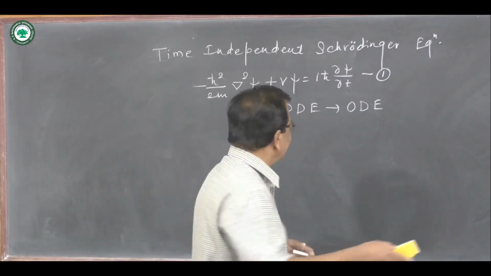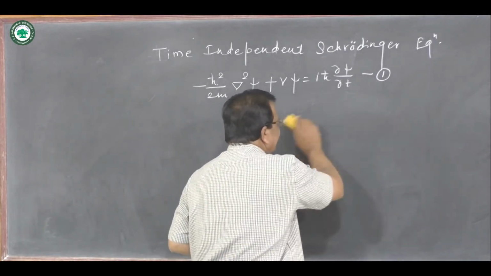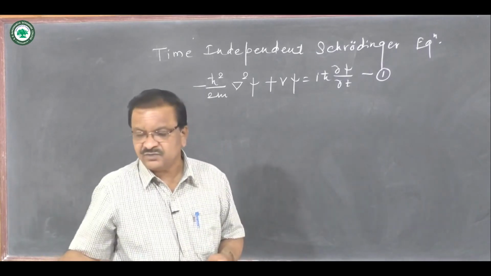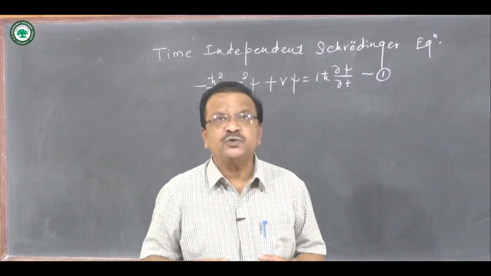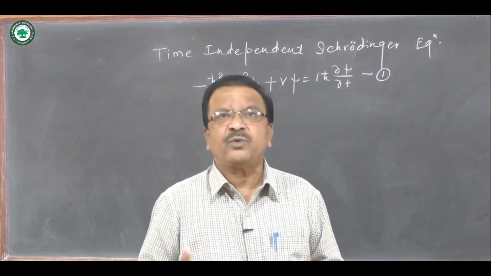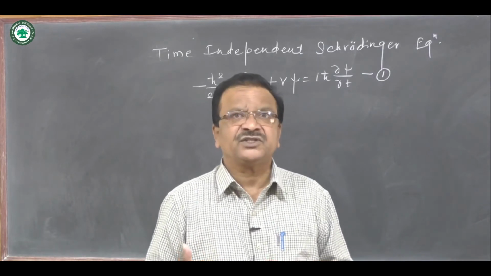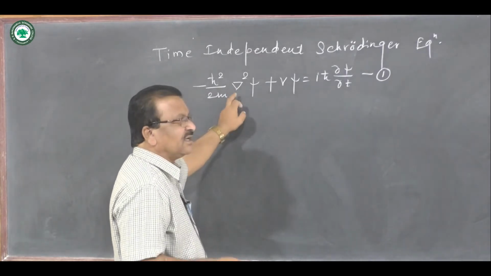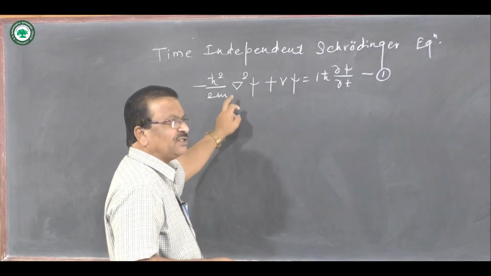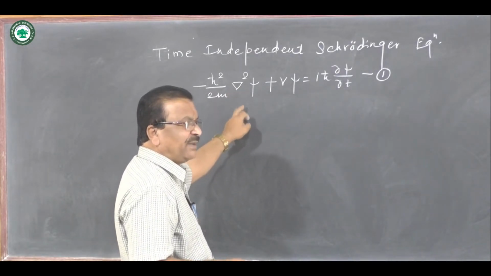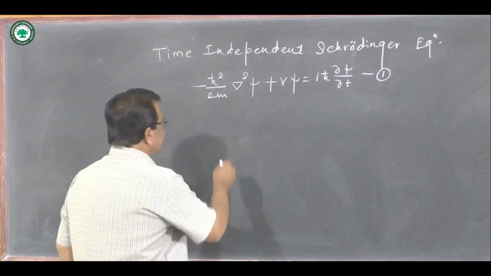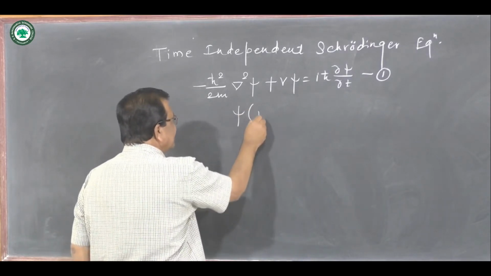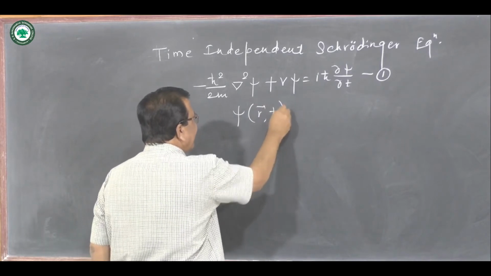In this technique, what we do is we assume the solution of the equation in a product form, a product of functions. The solution of this time dependent Schrodinger equation is the expression for psi, which is a function of r and t.